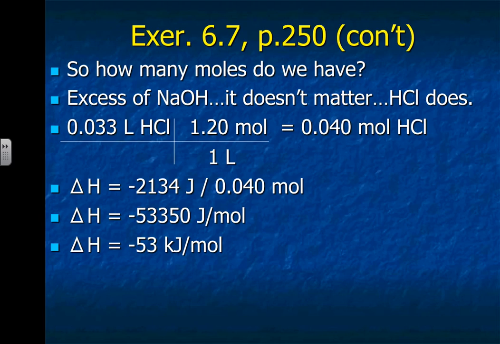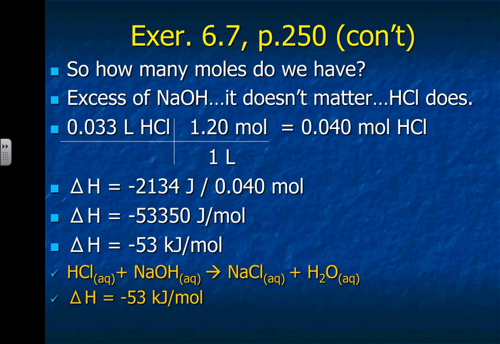If I want to create a more workable value, instead of using a number in the tens of thousands, I can simply divide by 1,000 and convert that into kilojoules to have a 2 significant figure final answer of negative 53 kilojoules per mole of the reaction listed in the book, 1 mole of HCl and 1 mole of sodium hydroxide. So that would be my final answer for those values.